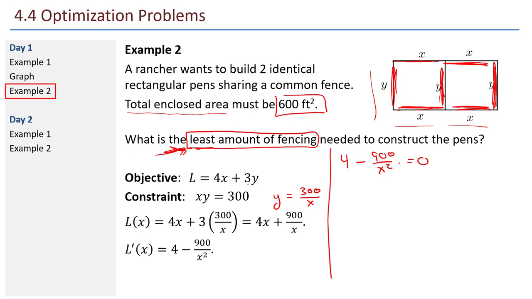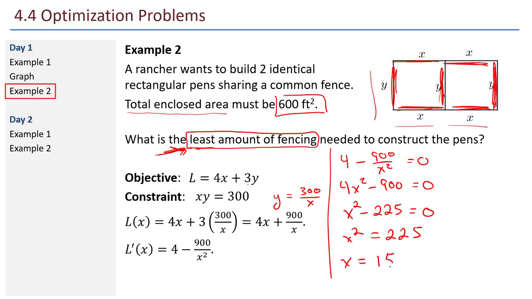Multiply both sides by x squared. 4x squared minus 900 equals 0. Divide both sides by 4. X squared minus 225 equals 0. I guess I can put the 225 on the other side and take the square root. And it looks like x equals 15.